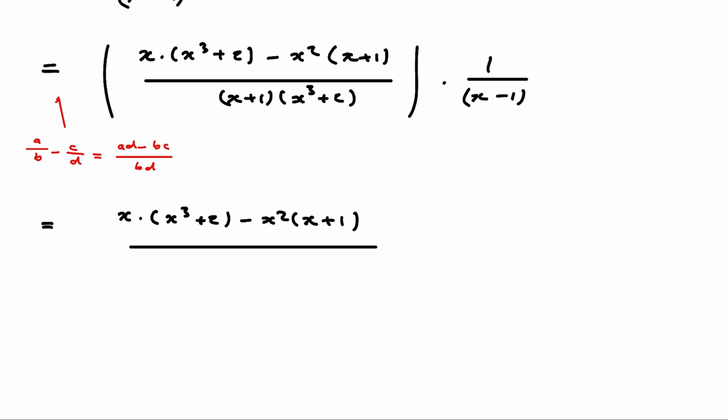I don't want to overload things. Then x minus 1, x plus 1, x cubed plus 2. So again, what's that really using? That's using the property that a divided by b times 1 over c, a times 1 is a, divided by bc. That's what I'm using.